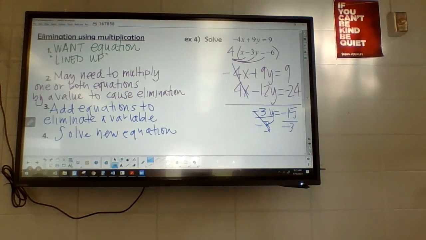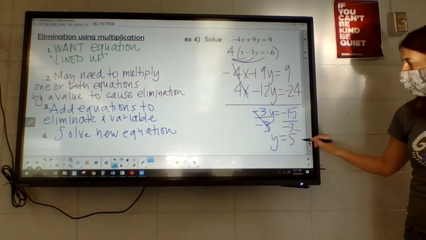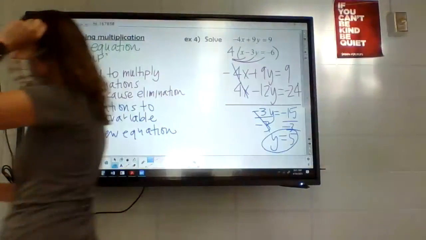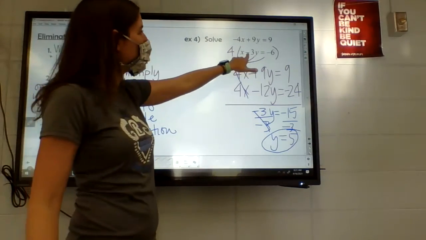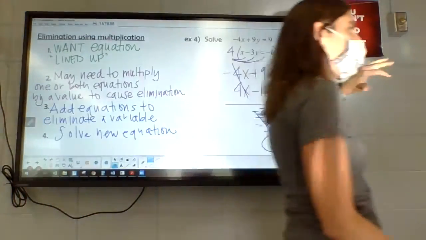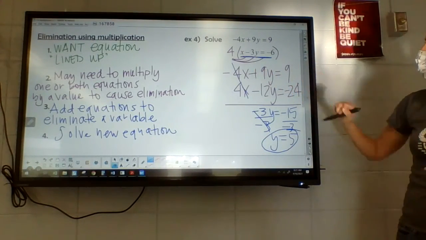So we're going to divide by negative 3 here, and we're going to end up with 5. And then again, our last step is to substitute that back in to find our other variable. So we're going to put the y back in to either of the 2 equations, it doesn't matter. I'm probably going to use the bottom equation before I multiply by 3. So I'm actually going to use it this way.